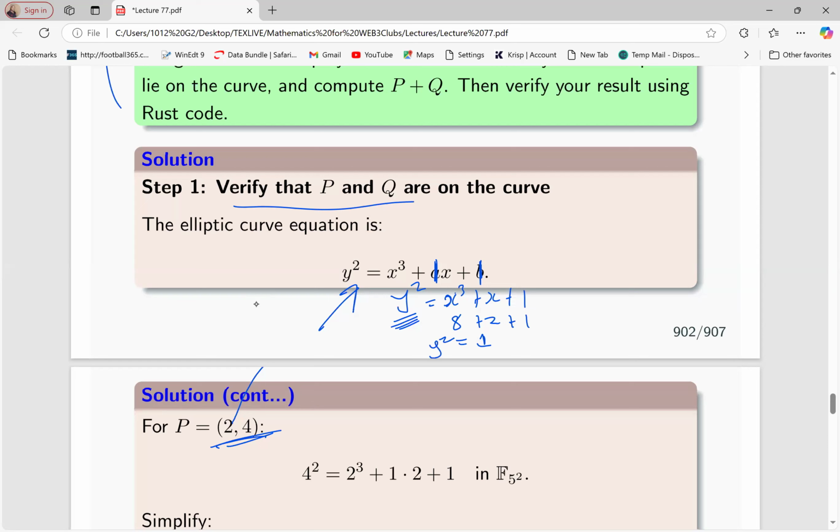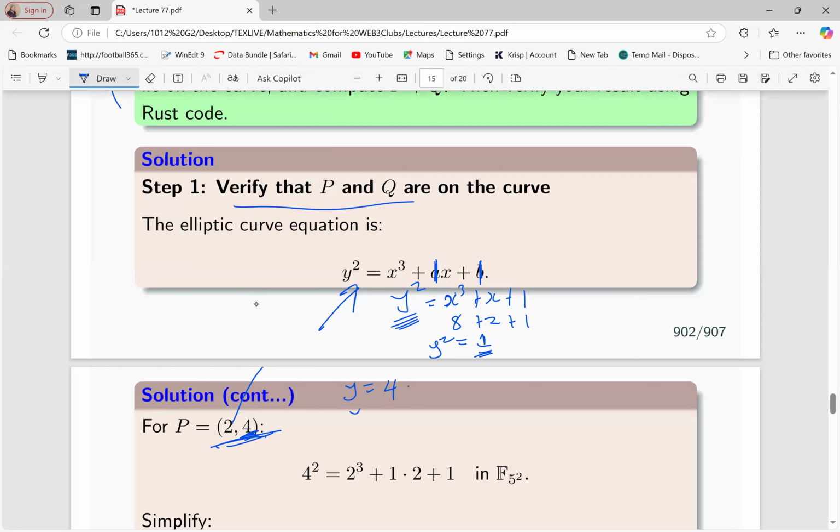So what about y? Can y be 4 when x is 2? Just square 4 and see whether it gives you y square. So y in our question is 4. What about y square? It is 16, and again that is 1. So it's shown that when x is 2, y square will be that.